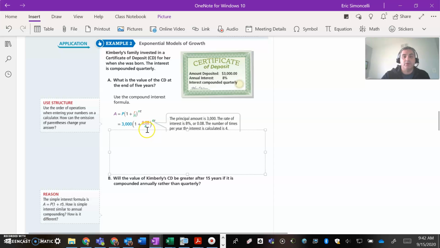Like I said earlier, n equals 4 is the value we use. Technically it's 3 months, but 4 is the n value that represents the quarterly breakdown, since every 3 months represents a quarter. The principal amount is 3,000, the rate is 0.08, and the number of times per year, the n value, is 4.